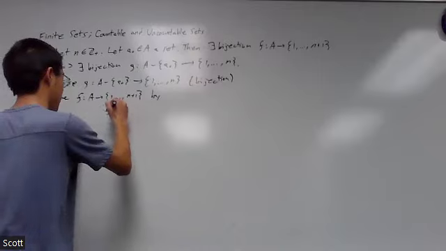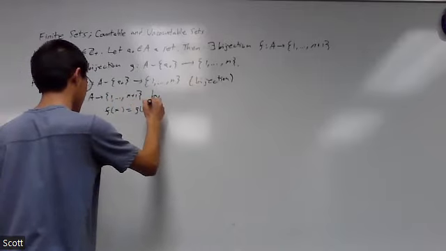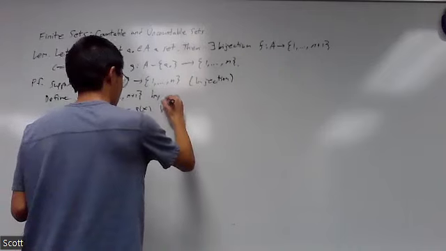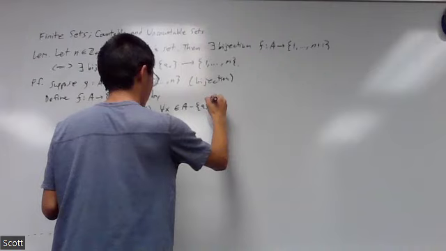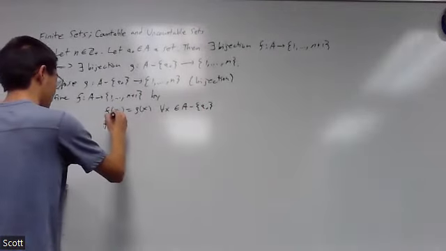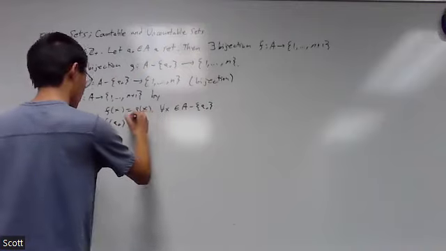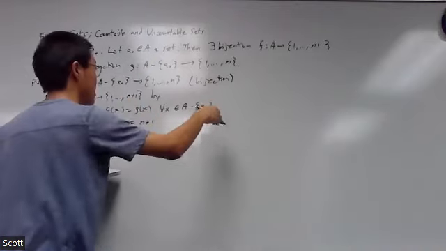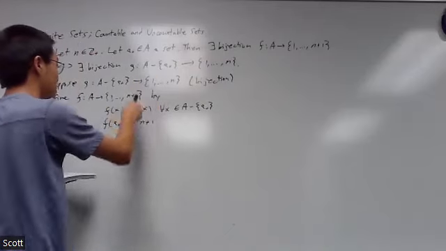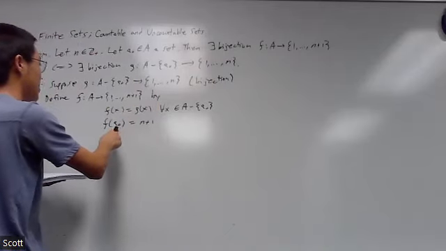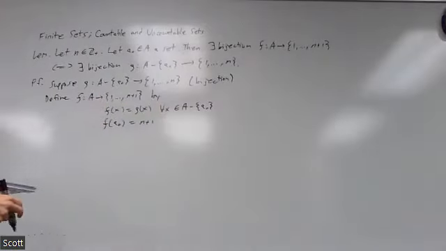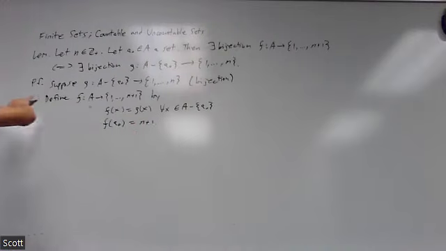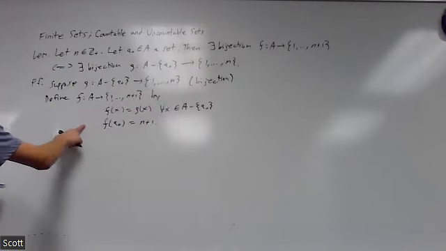We can specifically define this where f of x is just going to be g of x for all of the x values that are in A except for that one element. And then for that one element, we simply reassign that to being the new one. So if we have fewer elements, we take everything in here per usual because g is already defined. And whatever we took away, if we add that back in, that's just going to take the place of the last. So that's going to be a bijection. So we show this is a bijection.